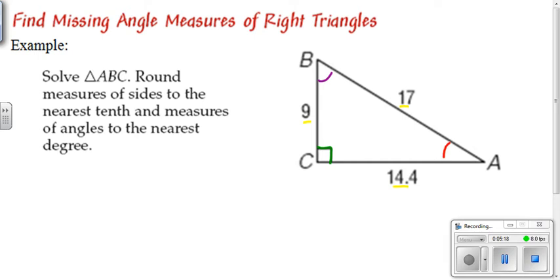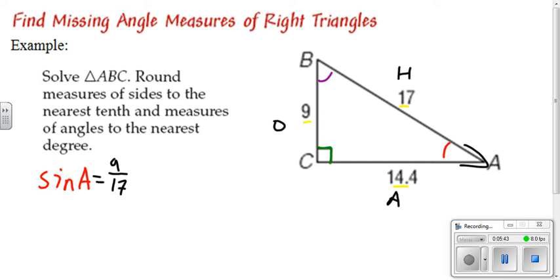So, if we wanted to look at A, we could say that the sine of A is the opposite, and if we're looking from A, the opposite is over here, hypotenuse, adjacent. So we'd have our opposite over hypotenuse.